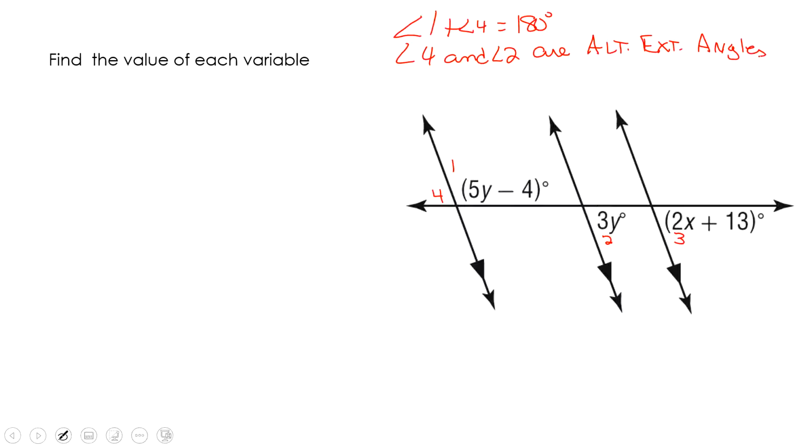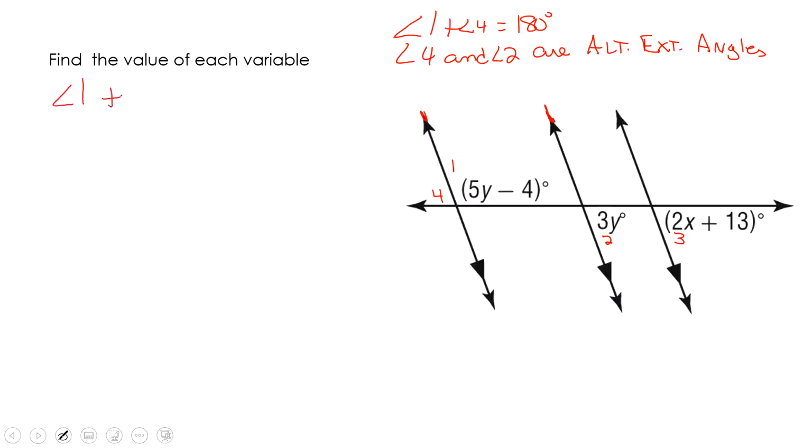I'm looking at these lines being parallel that I just marked with the red. Angle 4 and angle 2 are outside those lines on opposite sides of the transversal, which makes them alternate exterior angles. That tells me they're congruent. So because they're congruent, and I know 1 and 4 add up to 180, that's going to make 1 and 2 have to add up to 180. So that's where we're going to start our problem.